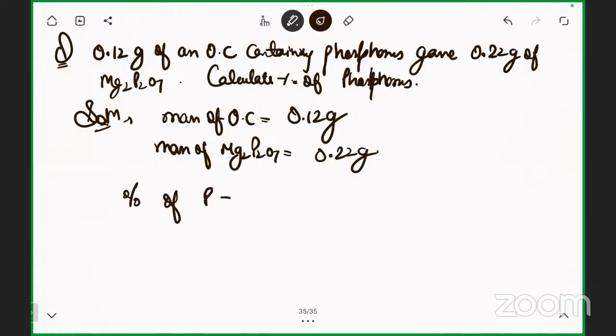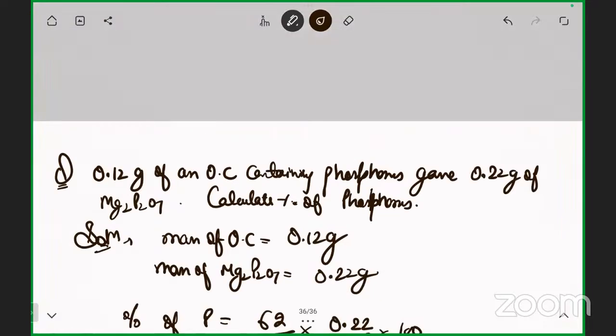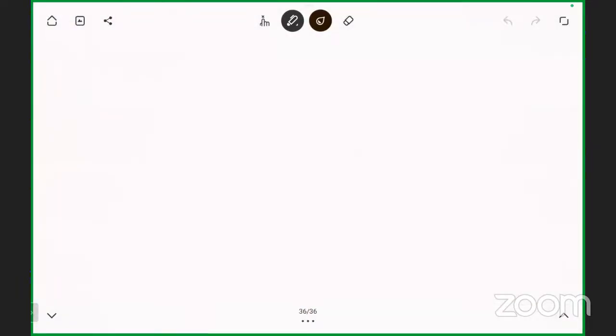Percentage of phosphorus is equal to 62 divided by 222 into 0.22 divided by 0.12 into 100, and then you'll solve it. So it will be around 51.20%. Okay. So I'm giving you one question now on the same method. Okay. Just give me the percentage. I'll give you 5 minutes.